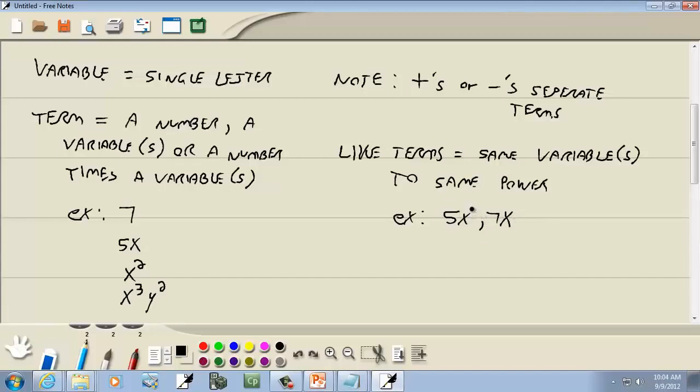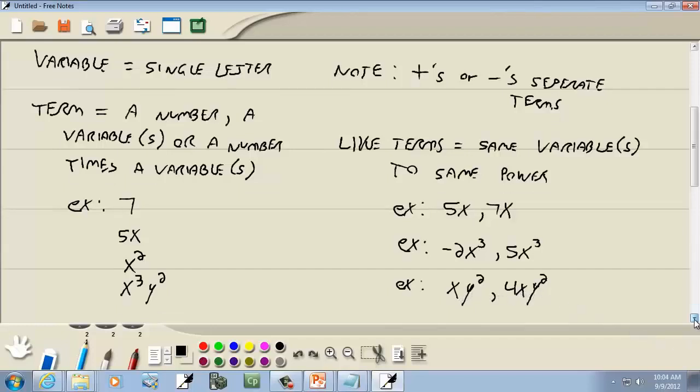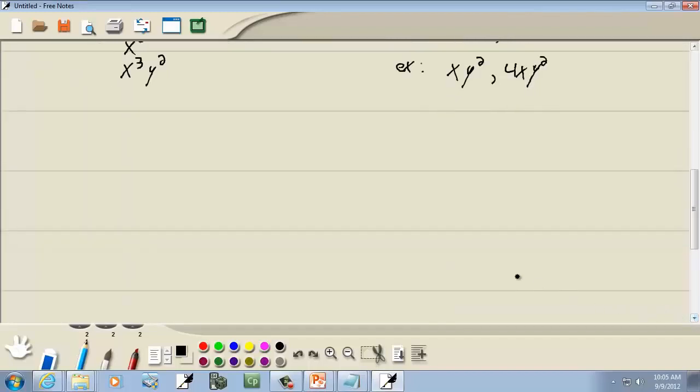If you have an exponent, you don't have a number here, it's by default 1. These are like terms. They're both x to the third power. These are like terms. They both have x to the first, y squared. So x, y squared.